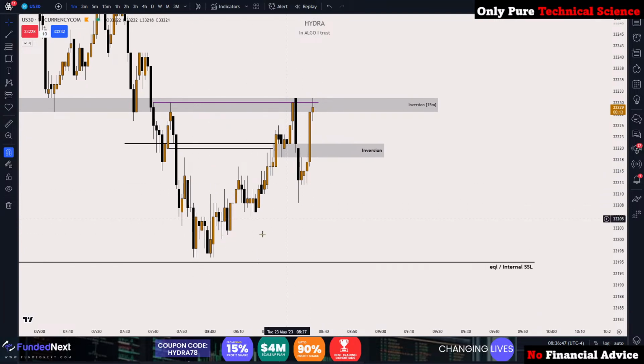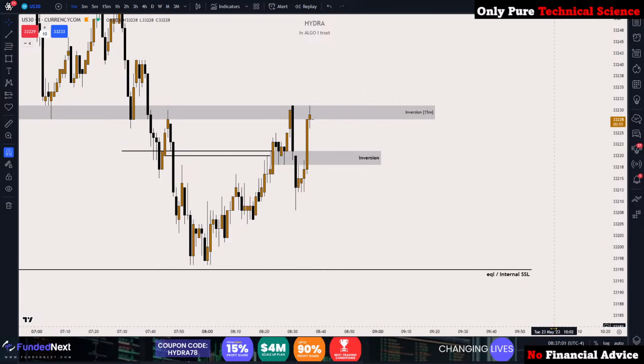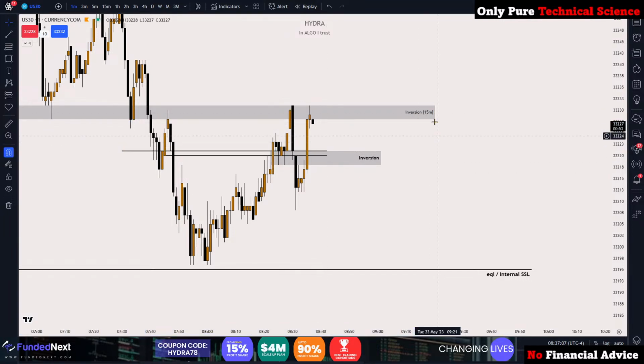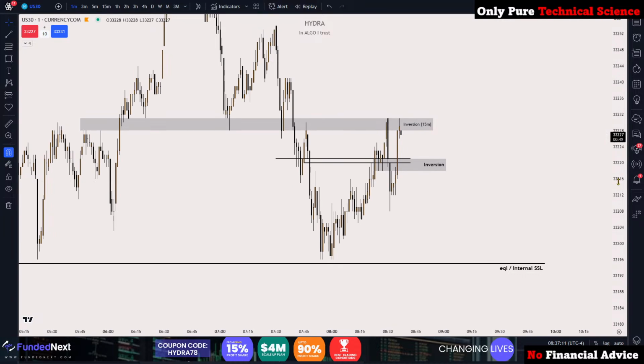So we can expect to see price clearing these relative equal lows inside of our AM session. Right now we'll just have to wait for our next macro to start, and we will watch if there is any setup inside of our next macro or not.